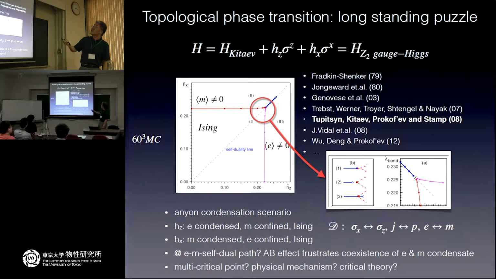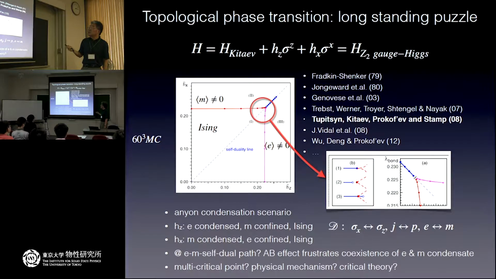This total Hamiltonian is actually the so-called Z2 gauge Higgs model. This model has been studied by many groups back to the early 1980s.